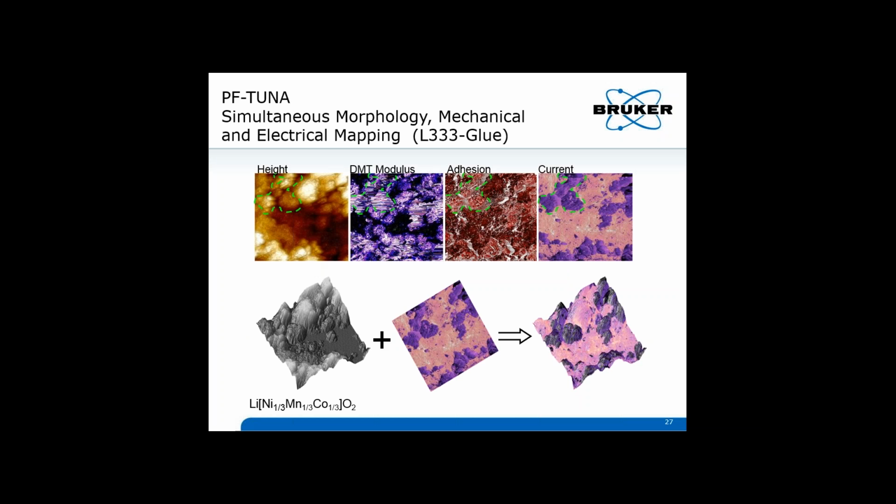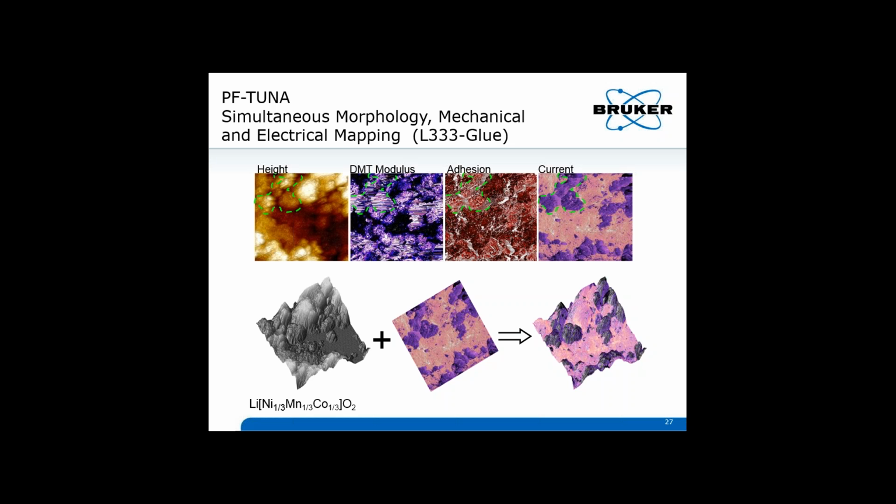Next, we will talk about several application examples of the PF TUNA. The first example is the lithium-ion battery cathode material, which is L333.